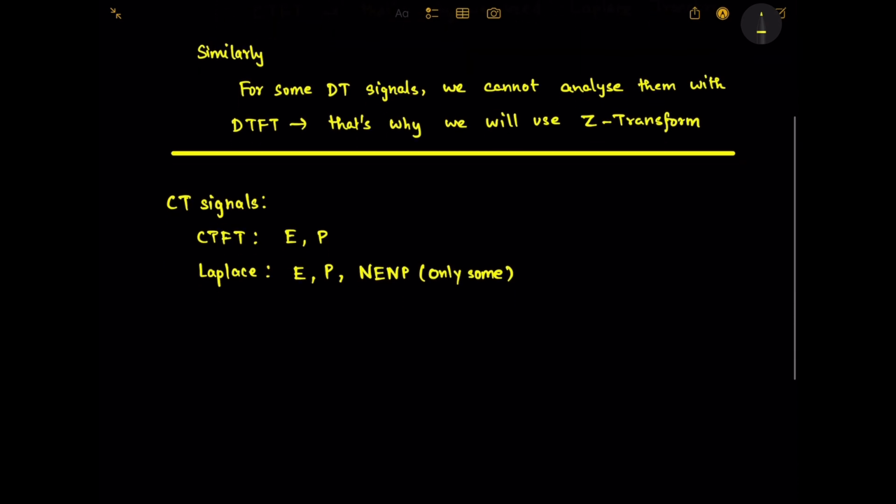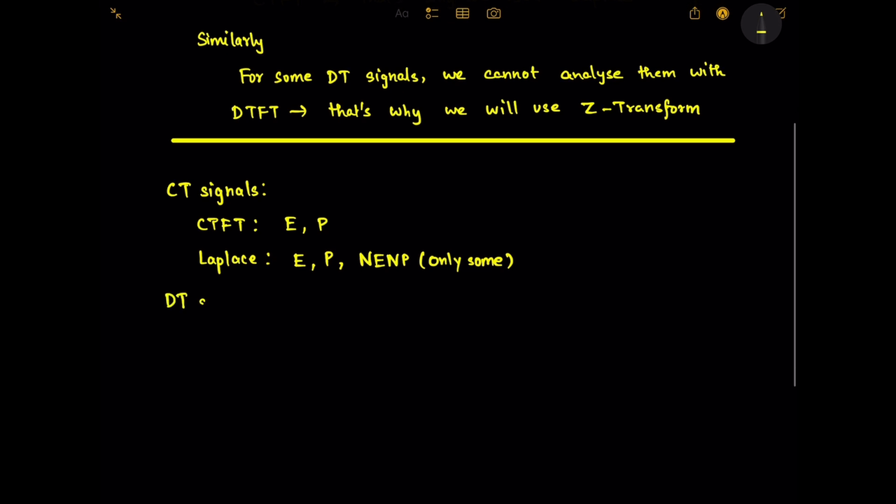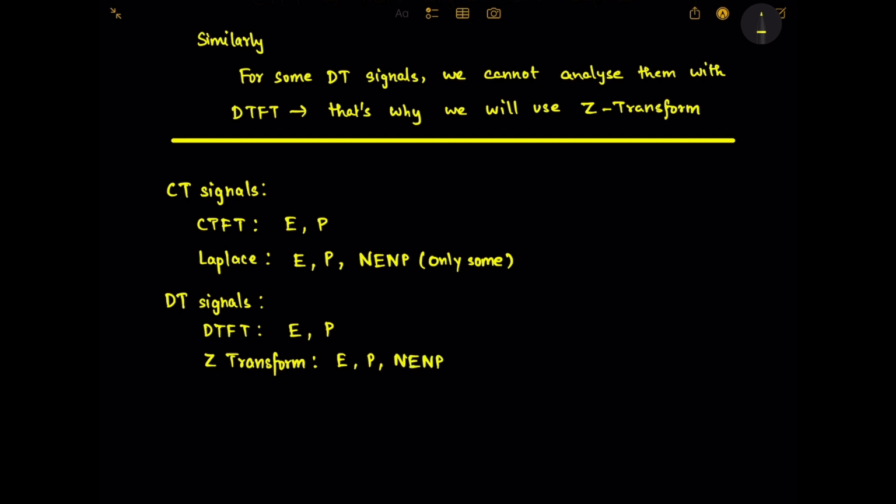Similarly, for DT signals, DTFT can be used for energy and power signals in discrete time. But the Z transform can be used for discrete energy signals, discrete power signals, as well as neither energy nor power signals, only some.